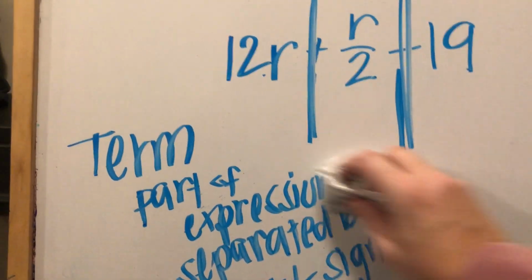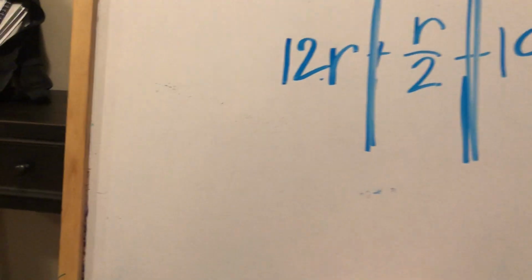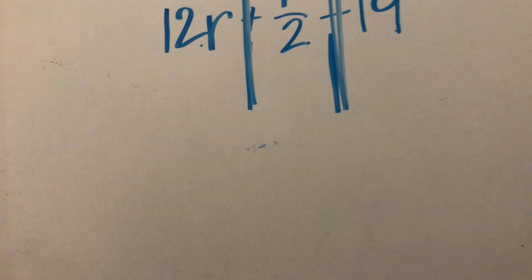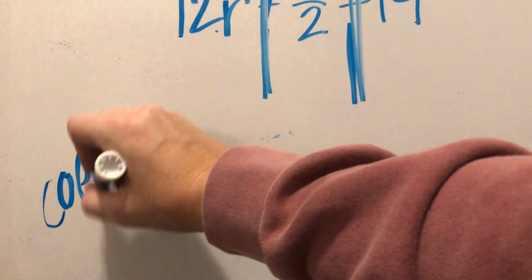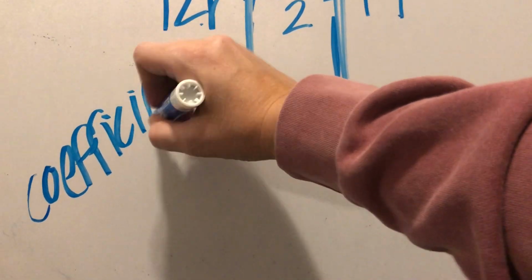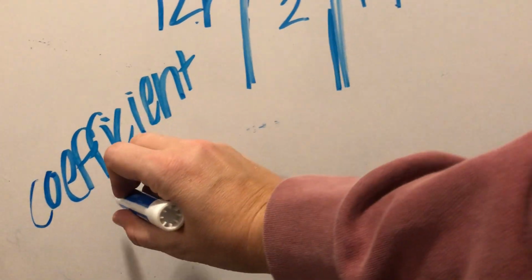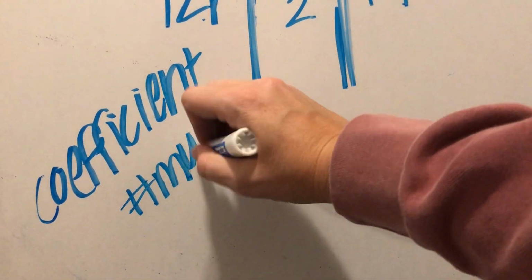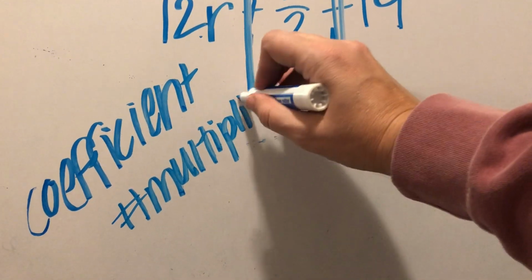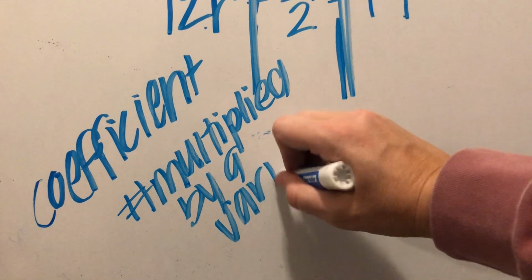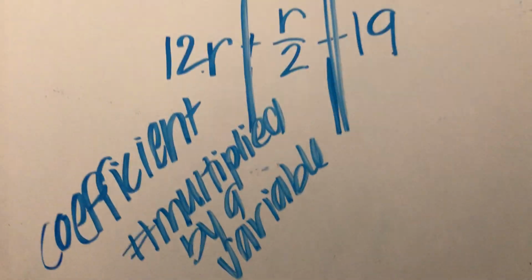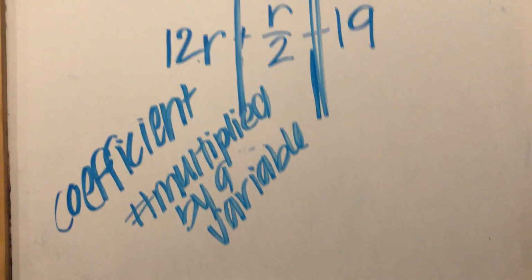Now, the other word that we're going to take a look at before I move on to our next example is called a coefficient. A coefficient is going to be the number that's multiplied by a variable. Now, coefficient sounds like a crazy fancy word, but it's not too bad, you guys.